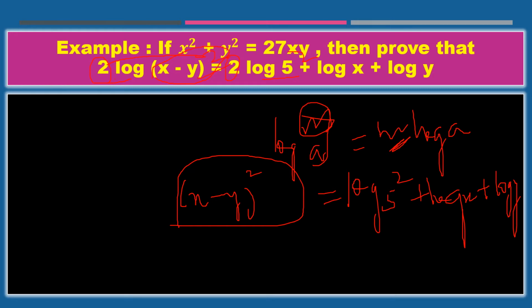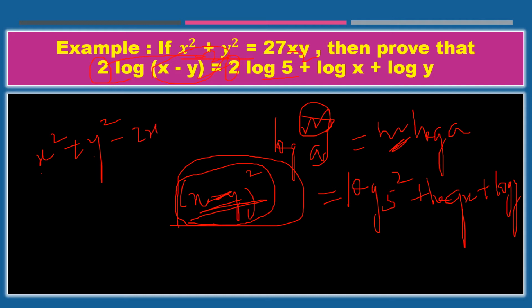So here we got a hint that x minus y whole square, means here we have a square plus b square form, means x square plus y square. Our formula of x minus y whole square is a square plus b square minus 2xy. X square plus y square minus 2xy. So here we want minus 2xy extra.